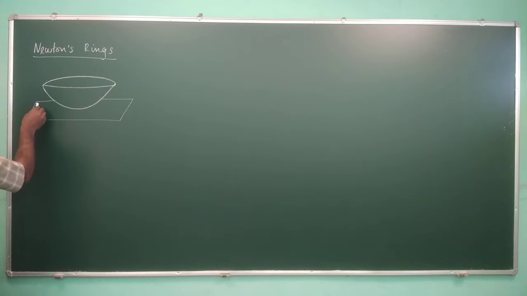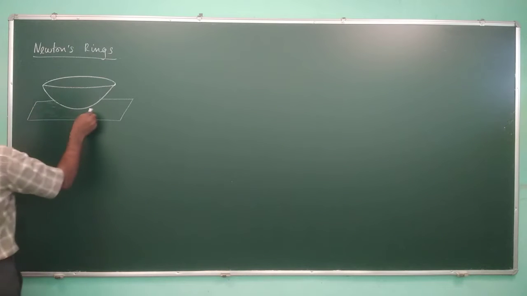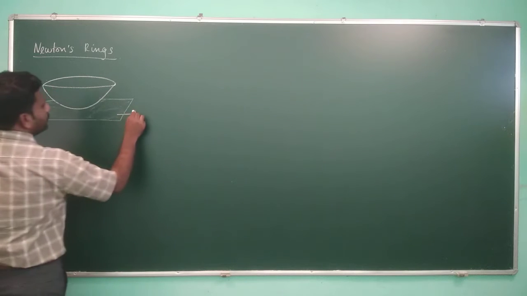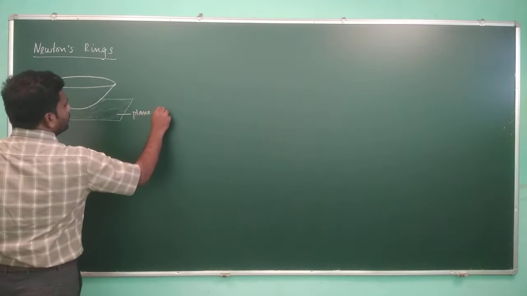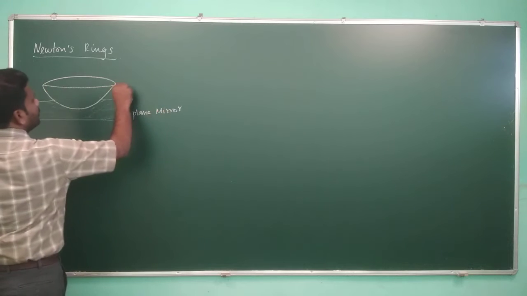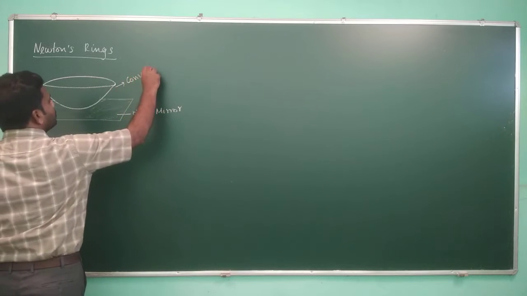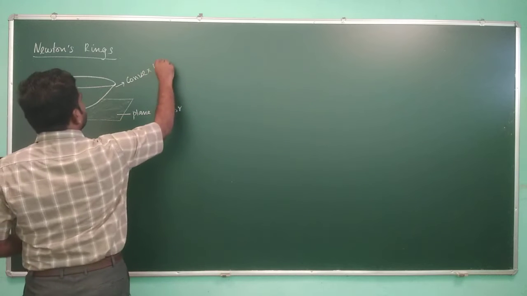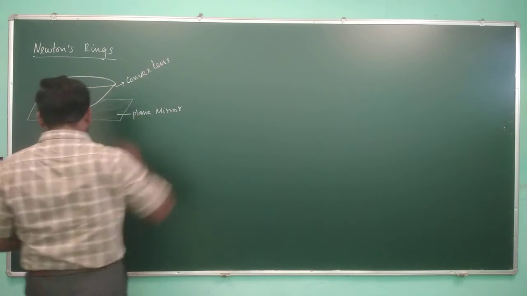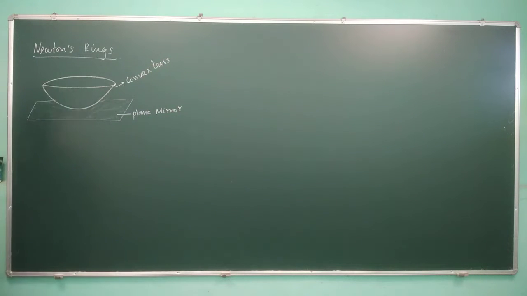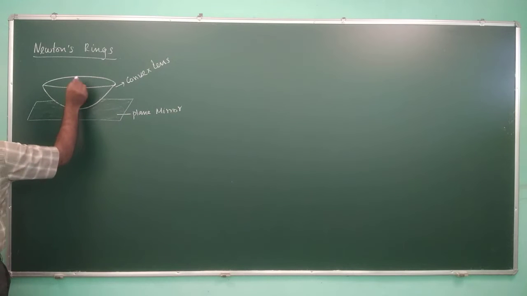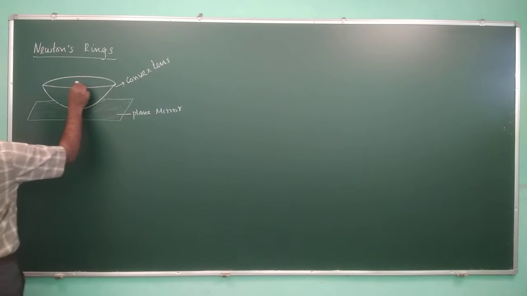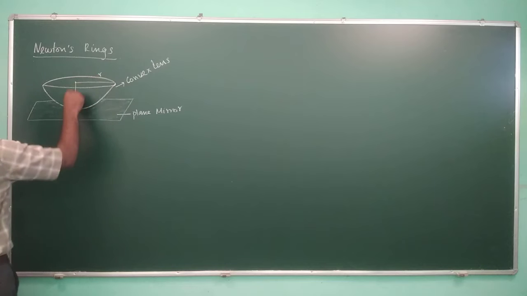It's like this is a plane mirror, and this is the lens. So it is plane mirror and this is convex lens, and the radius of curvature of this lens is this is the radius, and again this is also the radius.